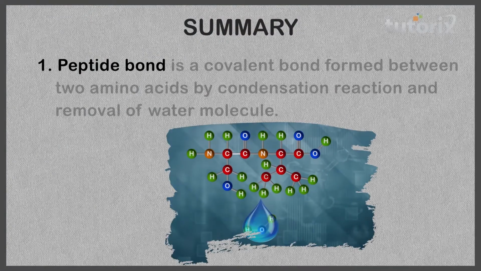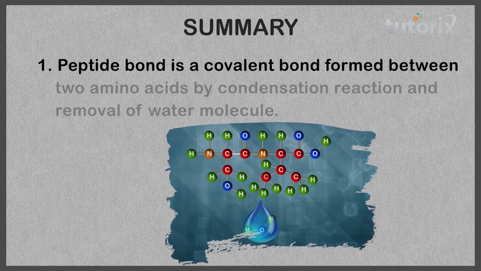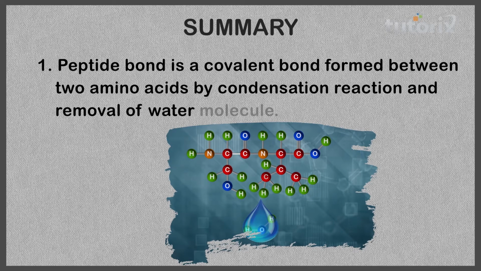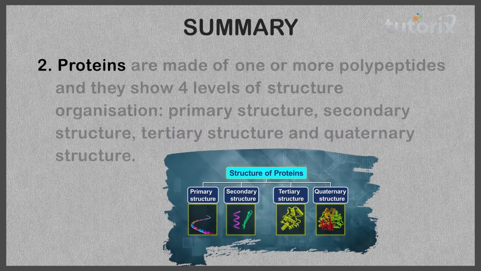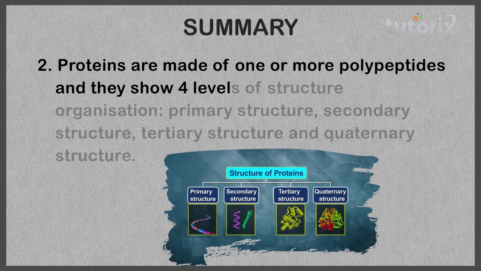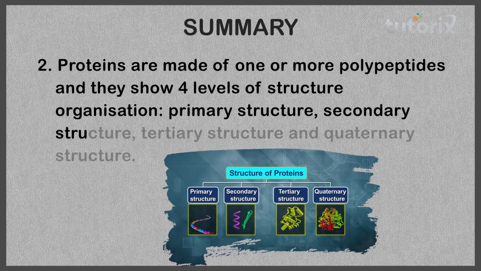Well, this is what we have to explore in our future sessions, and let's now quickly summarize whatever we have learned about the primary protein structure in this session. Peptide bond is a covalent bond formed between two amino acids by condensation reaction and removal of water molecule. Proteins are made of one or more polypeptides and they show 4 levels of structure organization: primary structure, secondary structure, tertiary structure and quaternary structure.